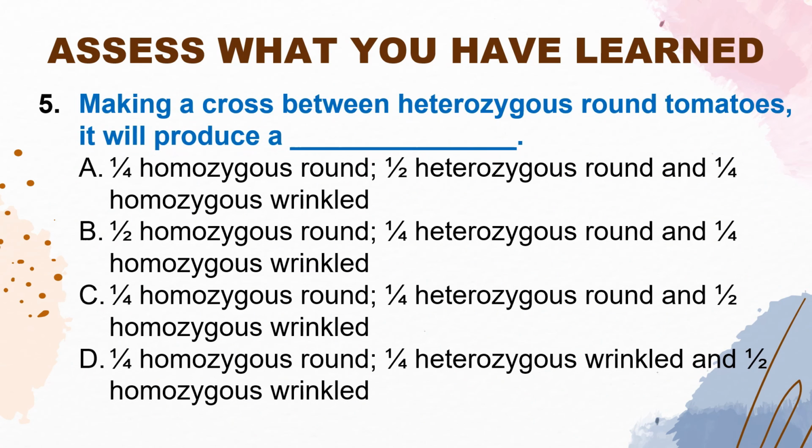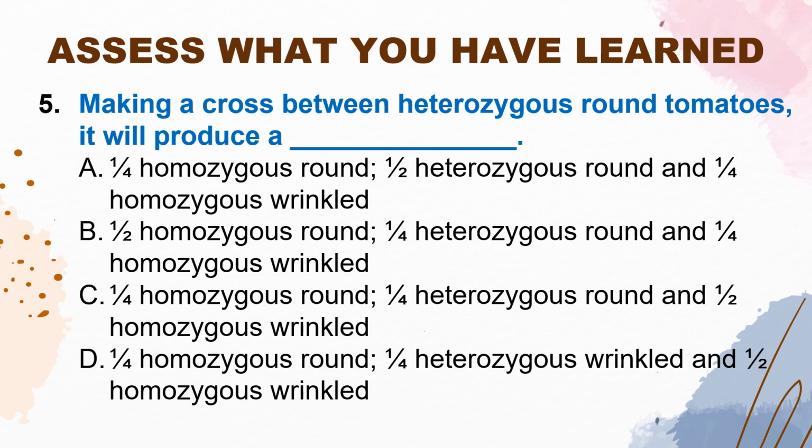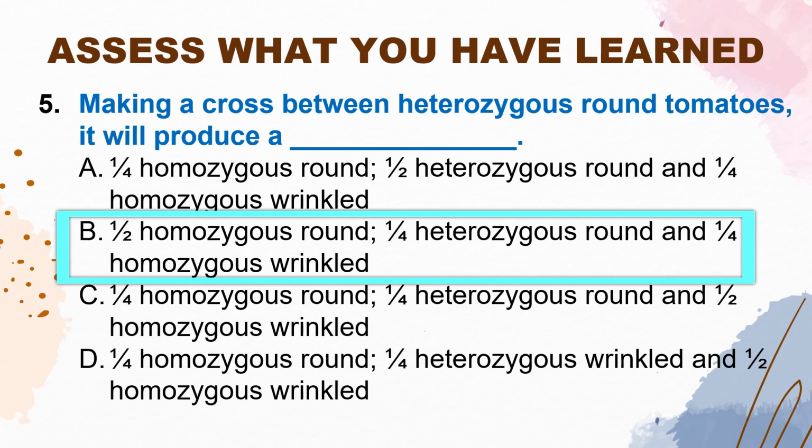Number 5. Making a cross between heterozygous round tomatoes, it will produce a blank. A. 1/4 homozygous round, 1/2 heterozygous round, and 1/4 homozygous wrinkled. B. 1/2 homozygous round, 1/4 heterozygous round, and 1/4 homozygous wrinkled.